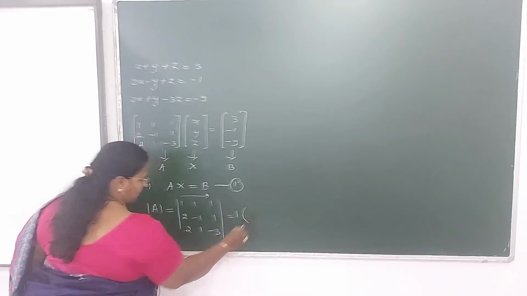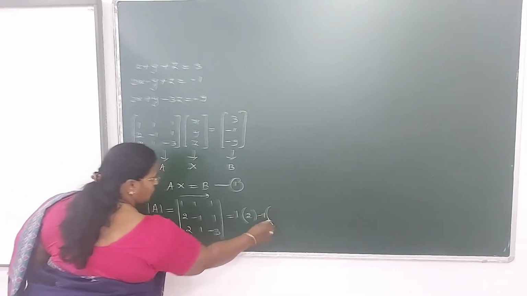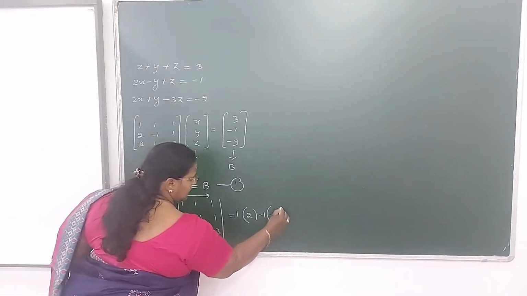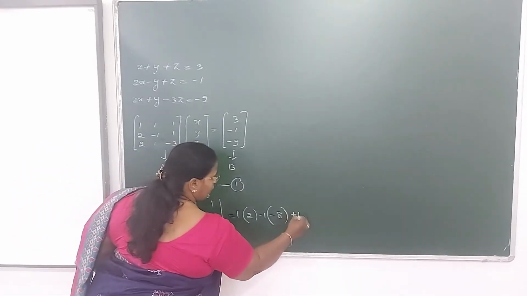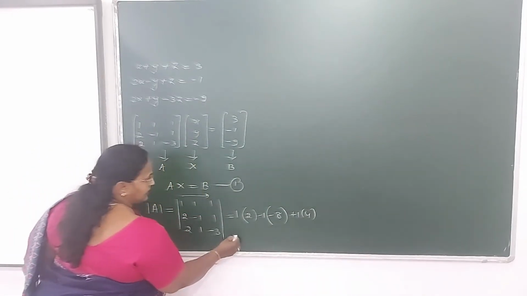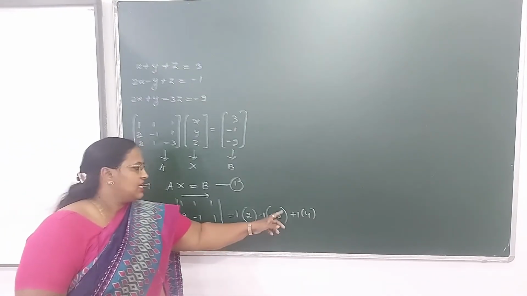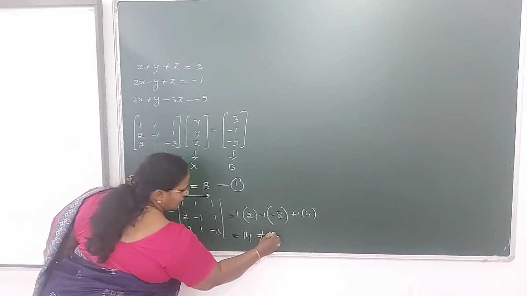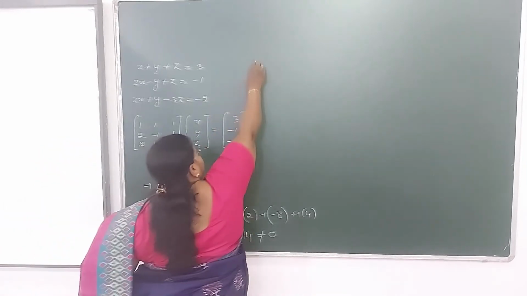So it's 1 into (3 minus 1), it's 2, minus 1 into (minus 6 minus 2), it's minus 8, plus 1 into (2 plus 2), it's 4. So finally it comes like 2 plus 8, 10, 10 plus 4 is 14. So this is not equal to 0. Now you will write down here.